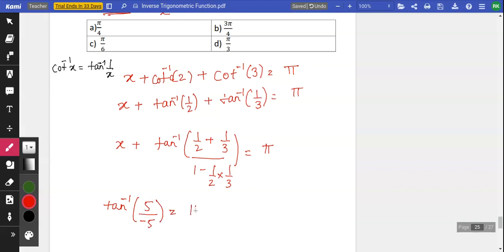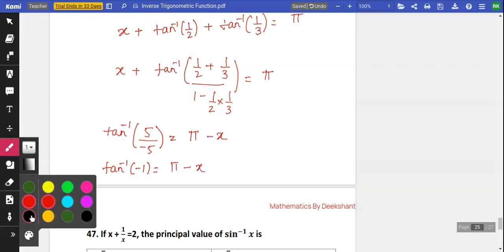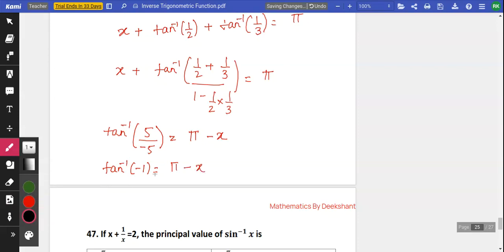We take x from LHS to RHS. 5 and 5 cancel out, it becomes tan inverse minus 1 is equal to pi minus x, and tan inverse minus 1 is minus pi by 4.